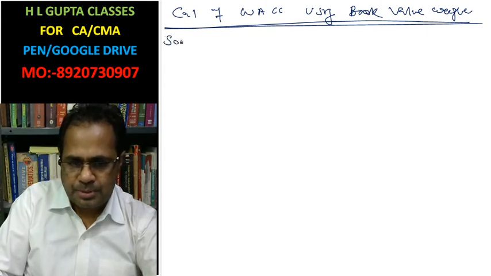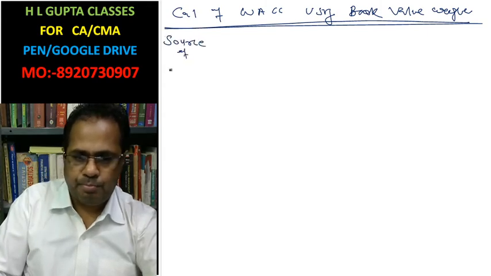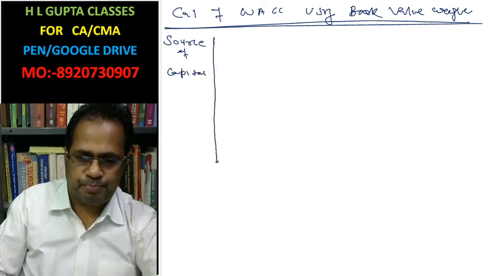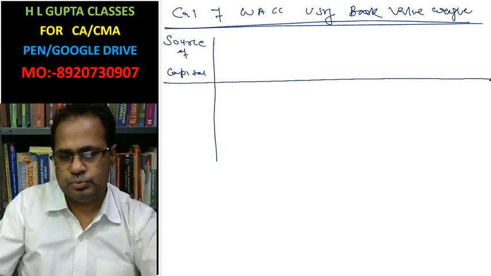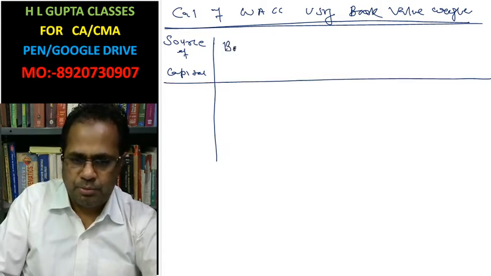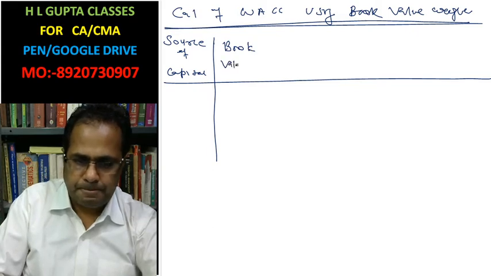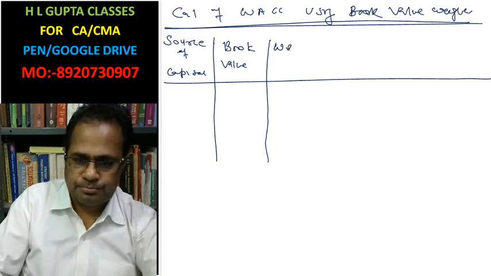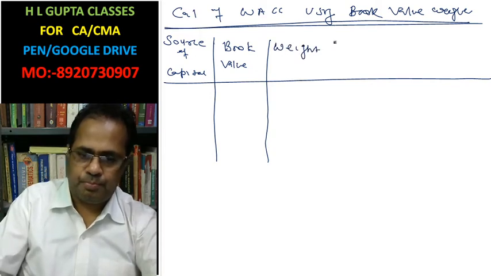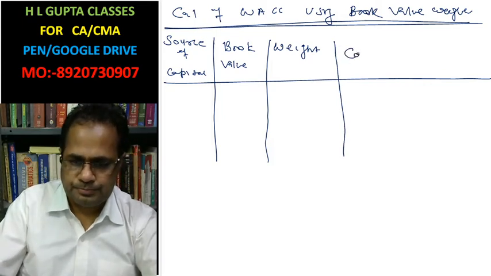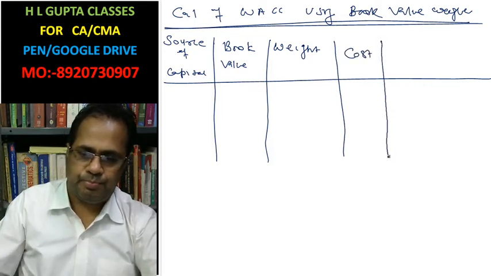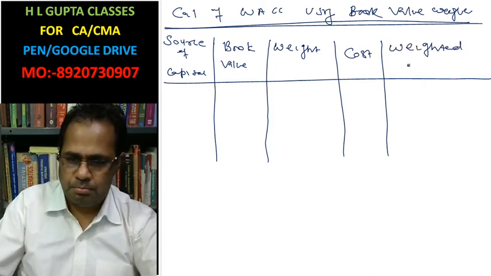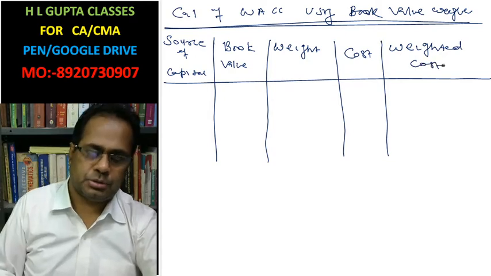Here you write source of capital, book value, weight, cost, and weighted cost.